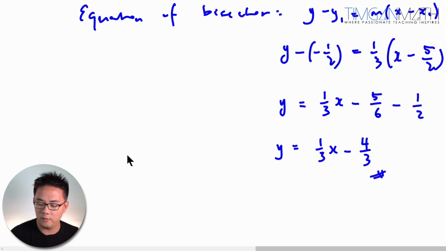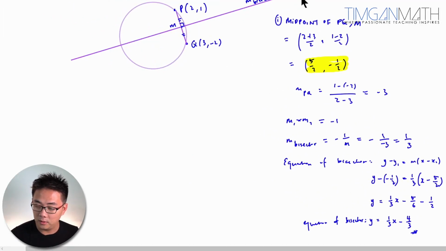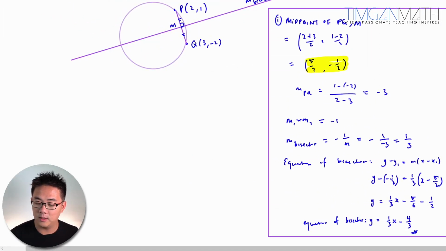This is the equation of the bisector. That's the first part, and it's not very difficult, quite a standard question.